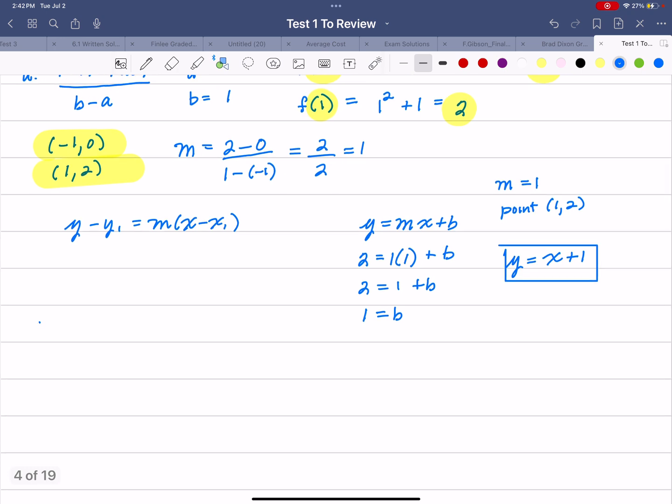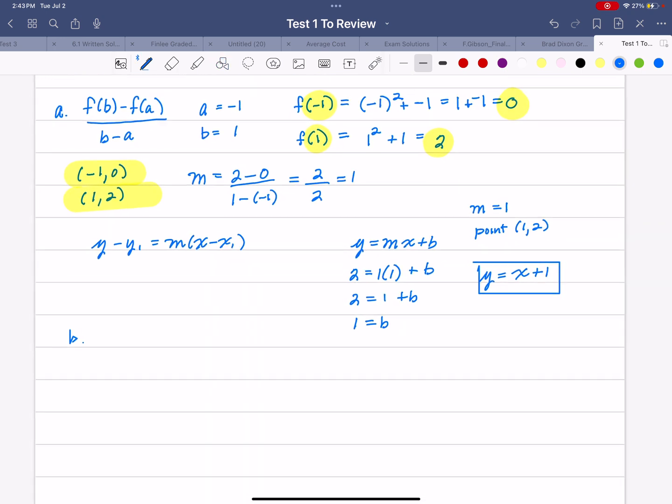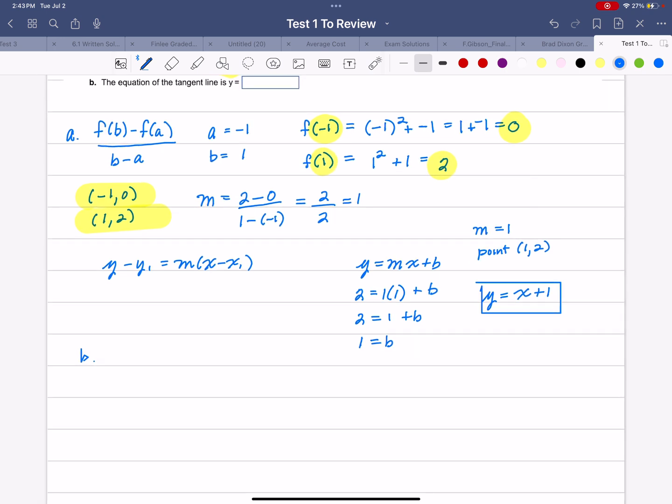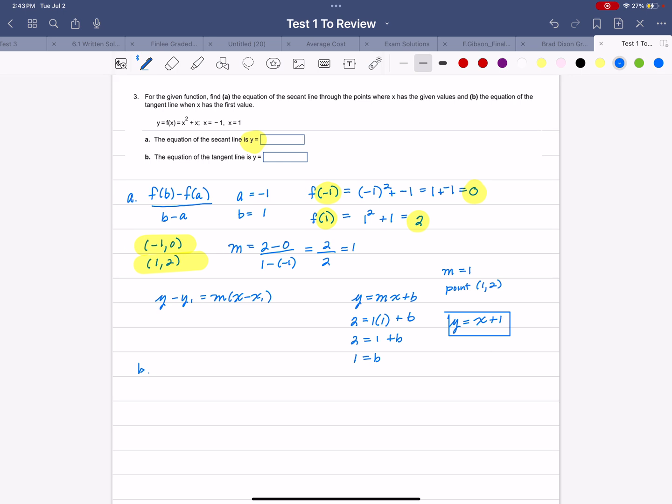Now in part B, they want the equation of the tangent line. And so to find the slope of the tangent, we have that limiting definition, but we also have a shortcut now. So if f of x is x squared plus x, the derivative, which is the slope of the tangent, will be 2x plus 1.